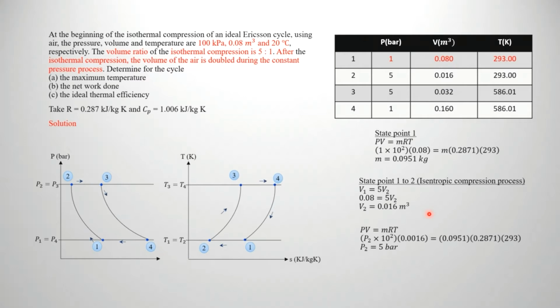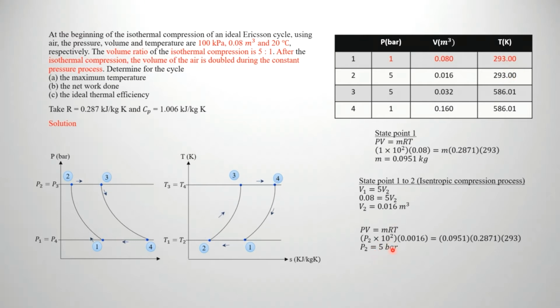Then we use PV equals mRT. The pressure is unknown; the volume we have found, and the mass, the R, and the temperature. The temperature is 293 K, because T1 equals T2.